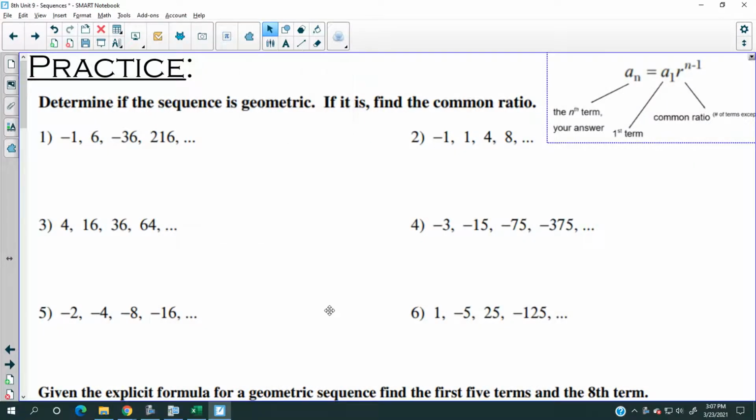Anyway, so today we're going to spend a second day on explicit geometric sequences, meaning taking what we learned yesterday and applying it to some actual problems. This is the last day we're doing that. We're going to go through a bunch of questions and try to finish the explicit side for good today.